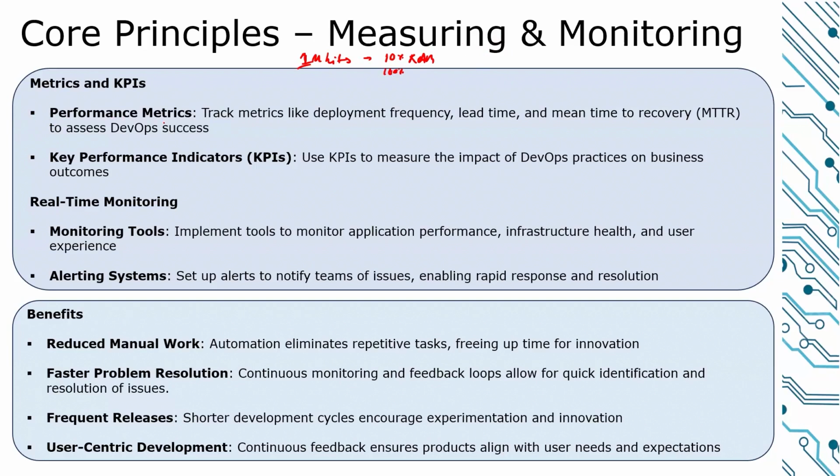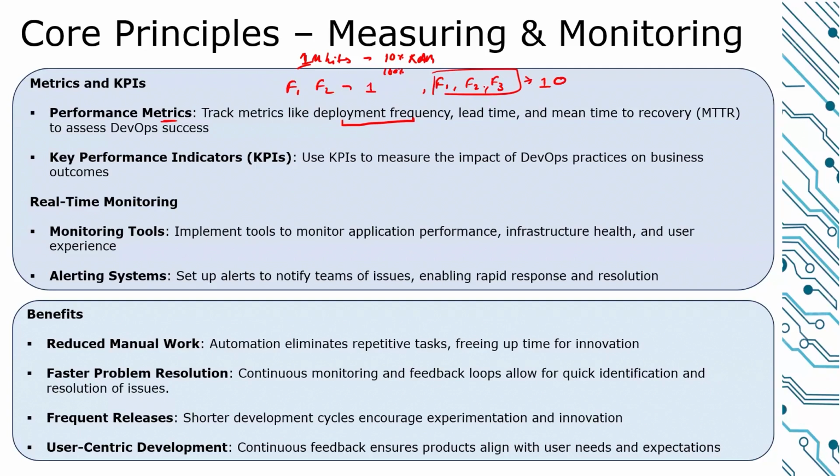Number one is performance metrics, which means, for example, how many times you were deploying this particular code. Let's say you were deploying feature 1 and feature 2, and these two features got deployed in a single go. But when you started deploying three features together, it took you 10 deployments to get the third feature up and running.